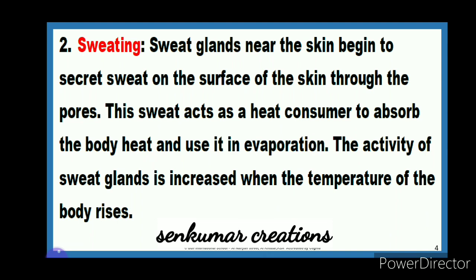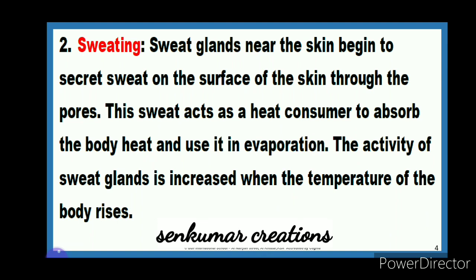And number two we will see sweating. Sweating is an important part. When our body gets heat, more sweating will come. You know everything about that, right, everybody? So sweat glands near the skin begin to secrete sweat on the surface of the skin through the pores. This sweat acts as a heat consumer, absorbing the body heat and using it for evaporation.